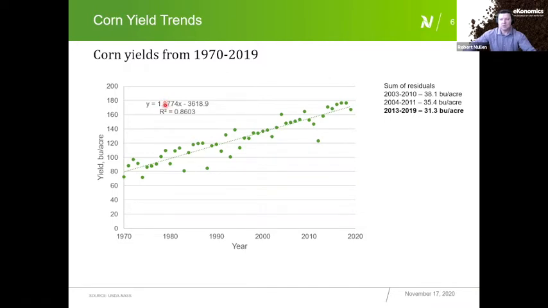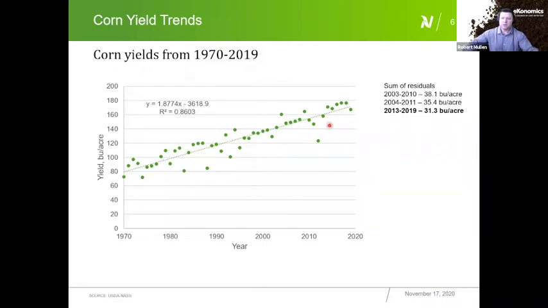If you wanted to do it on your own, you could run the math equation with 1970, get your answer, run it with 1971, and then you'll be able to come up with your average annual bushel per year increase. Again, if you gave me some time at the end, I could run through that.